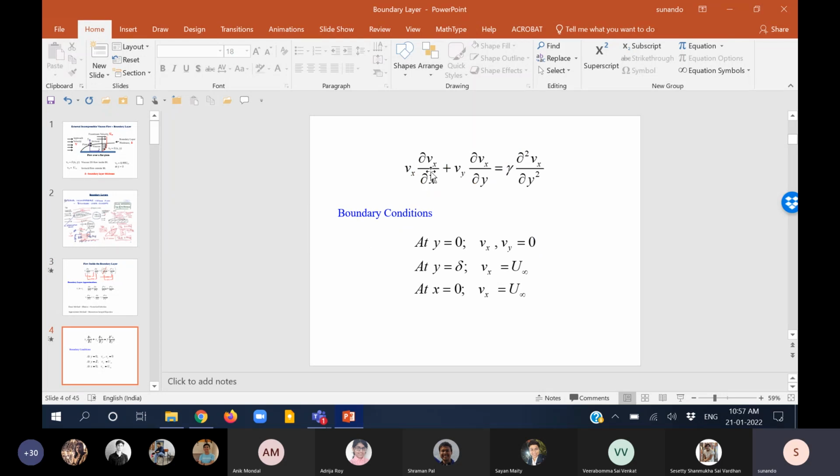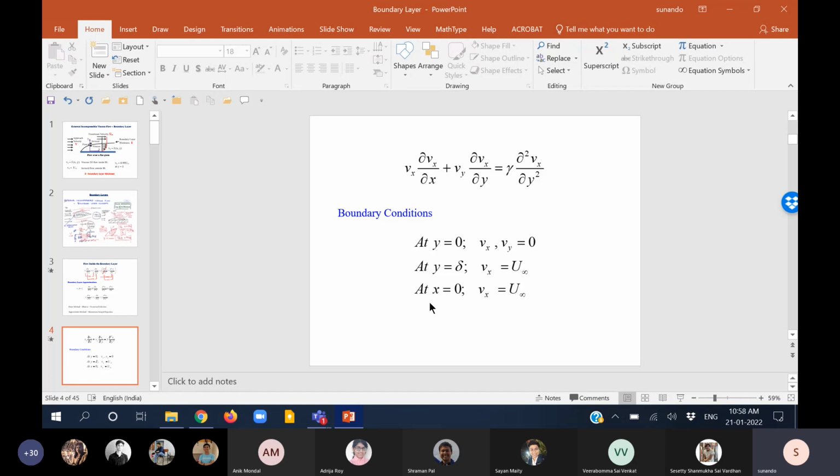So what are the boundary conditions that one can write for solving this equation? At y equals 0, obvious no slip condition. Both Vx and Vy would be equal to 0. At y equals delta, that means at the edge of the boundary layer, the x component of the velocity would be equal to the free stream velocity. It could also be equal to the approach velocity if the flow is taking place over a flat plate.